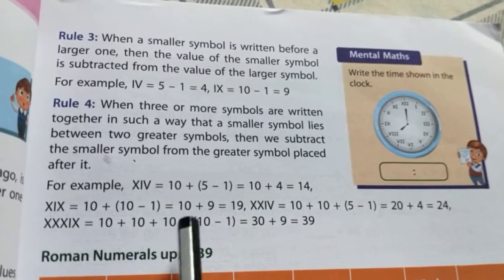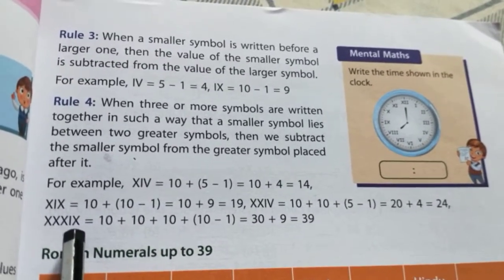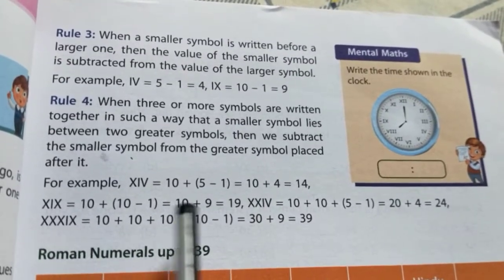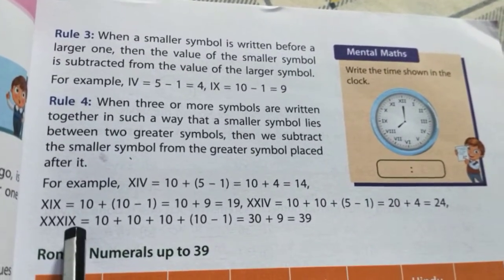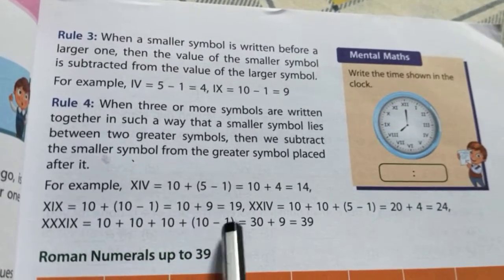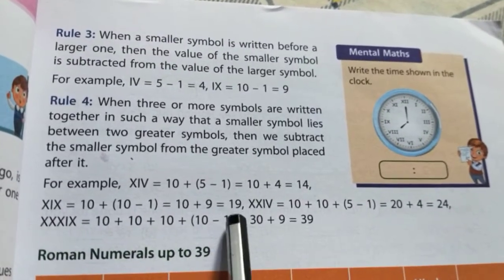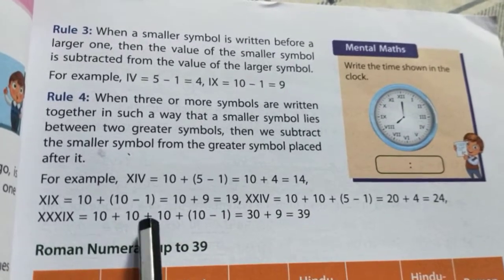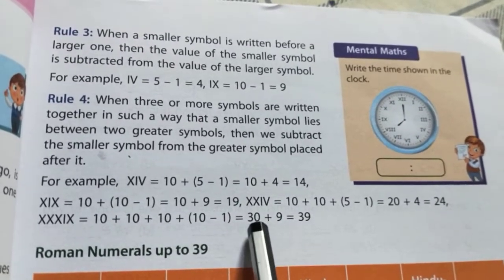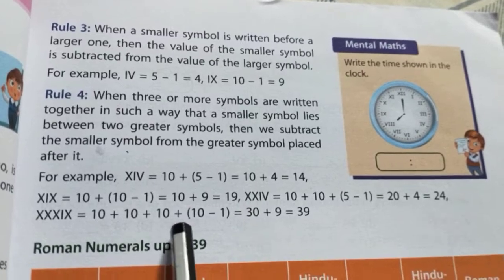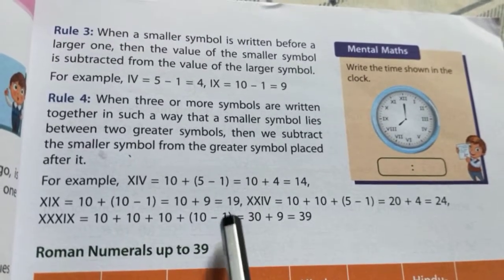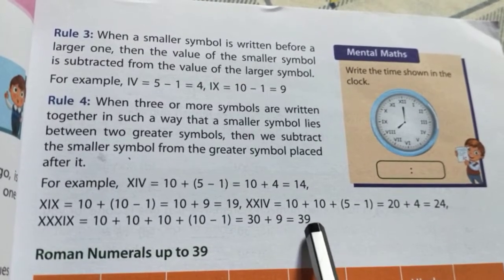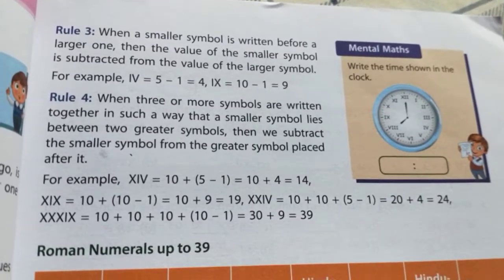You add them, plus you subtract the smaller from the greater number, which is X minus I. Keep it in bracket. 10 plus 10 plus 10 will be equal to 30, plus 10 minus 1 will be 9, which will be equal to 39.